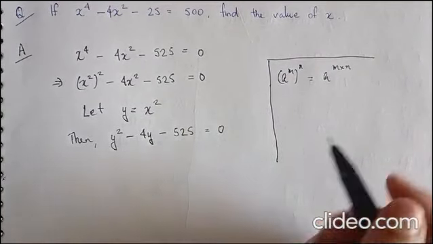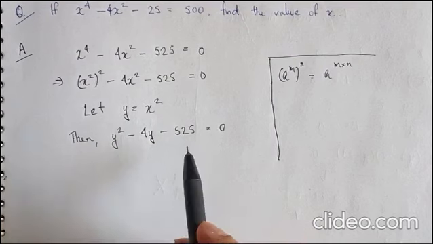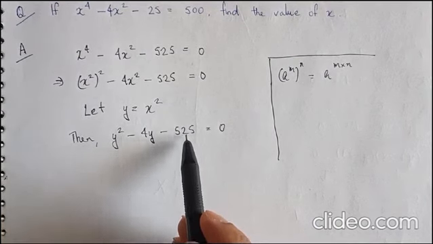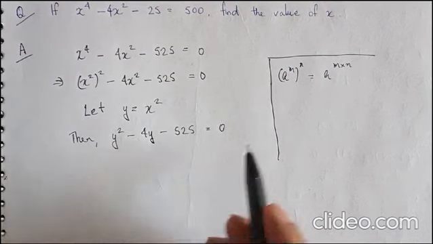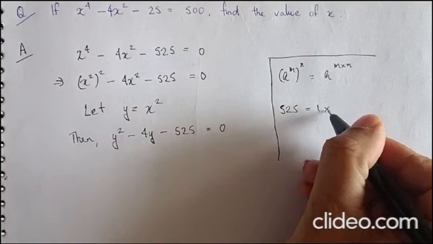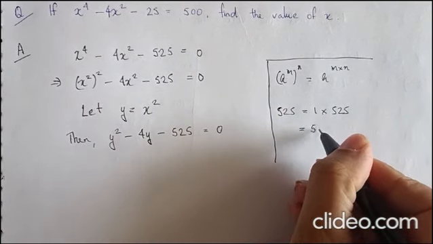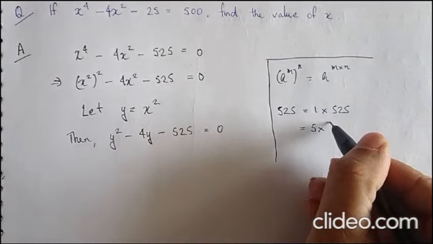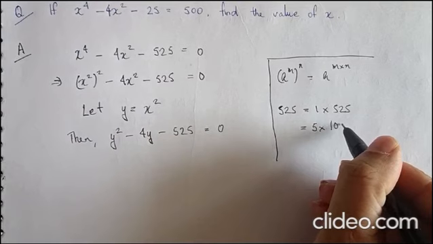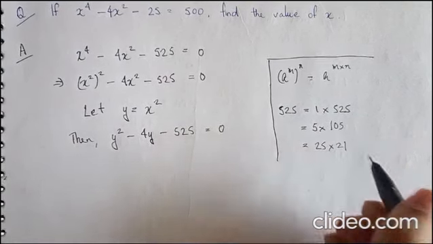Now we have to find factors of 525 so that broken down the difference or the sum of that will give us minus 4. So 525 can be written as obviously 1 into 525 is equal to 5 into 105, right, is equal to 25 into 21 as well.